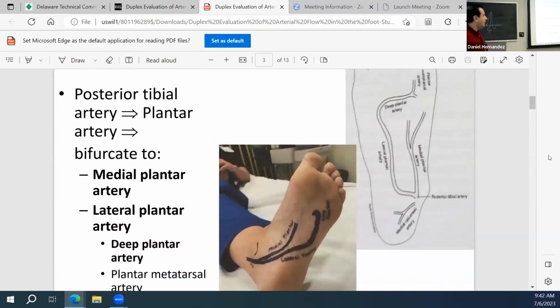So that posterior tibial artery that we followed down along behind the medial malleolus, it actually branches into or becomes a plantar artery, which then bifurcates into the medial plantar artery and the lateral plantar artery. So we have that posterior tibial artery coming down, becomes the plantar artery, which then splits into a medial along the inside of that foot, and then a lateral plantar artery along the more base of the foot in the arch.